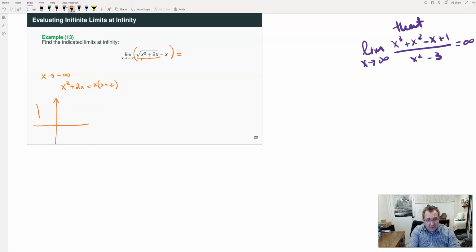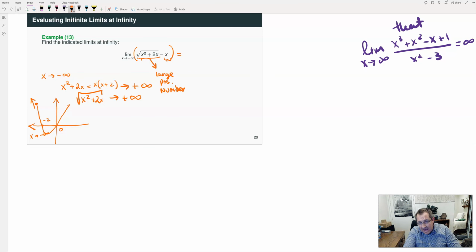It's a parabola, opens up, and its roots are negative 2 and 0. Now, as x goes to negative infinity, which is this way, the values of the parabola are going up. So I conclude that as x goes to negative infinity, this expression goes to positive infinity. The square root of that expression also goes to positive infinity. Very good. So I will say that's a large positive number.